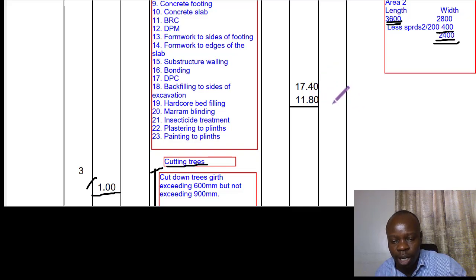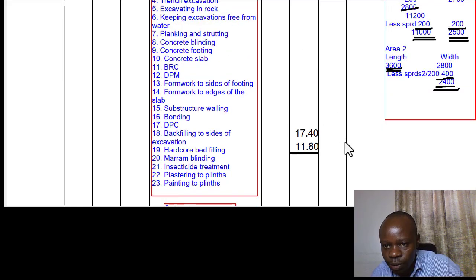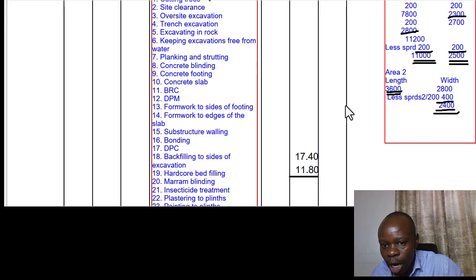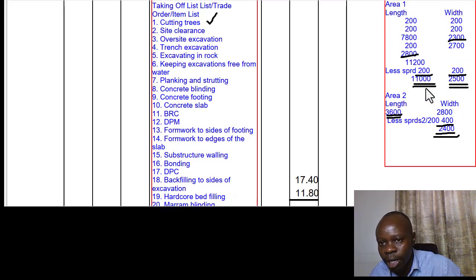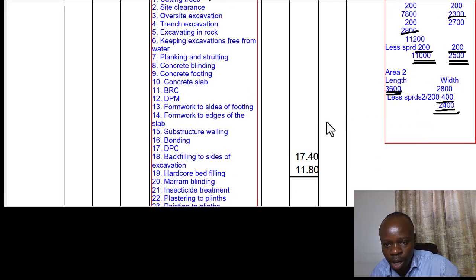Then you go to the next part, which is entering the other dimensions which are left. The other dimensions left are for us to do a deduction. So how do you enter when you need to deduct the particular areas that are supposed to be subtracted from this particular overall dimension?